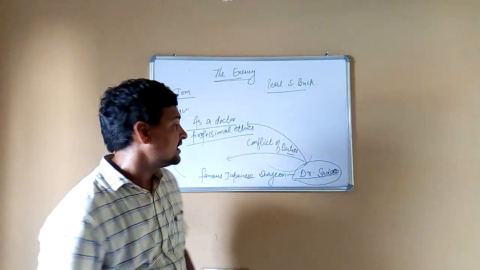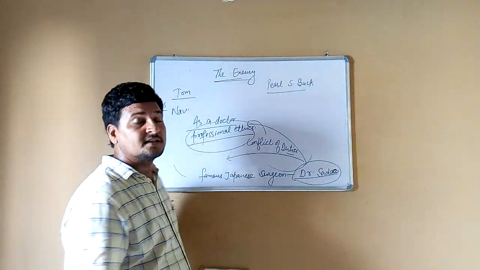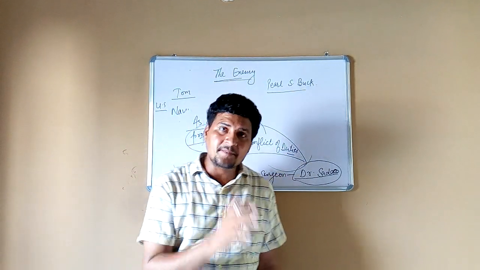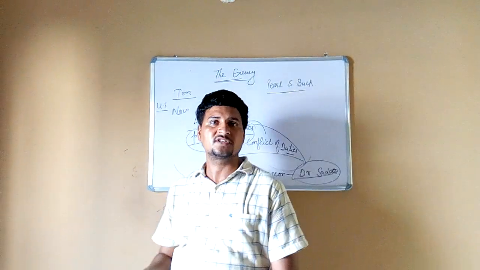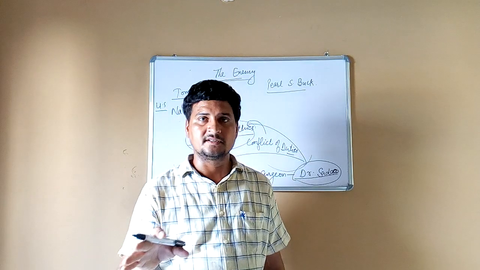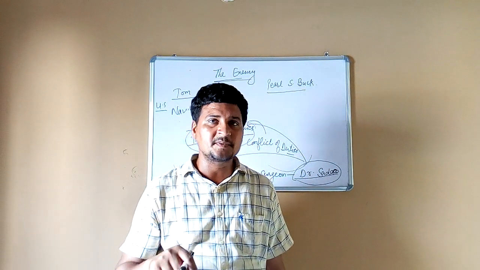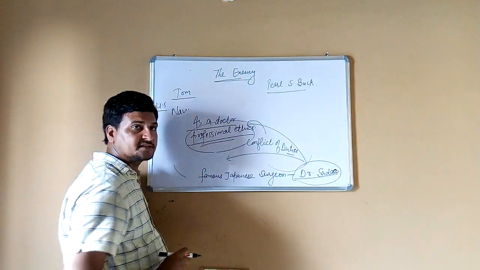As a doctor, his professional ethics demand that he should save the person. He is just a patient for him. He is American, he is Japanese, that is a different thing, and that should be discussed on a secondary basis. On a primary basis, as a doctor, his duty is to save the person first.